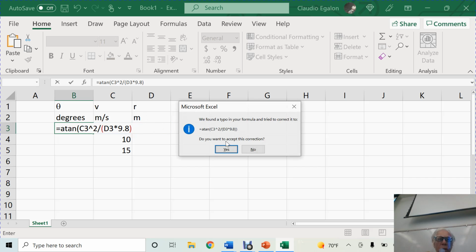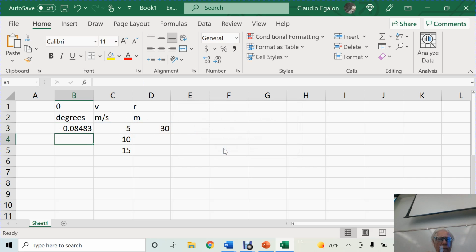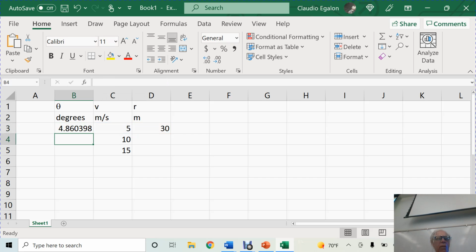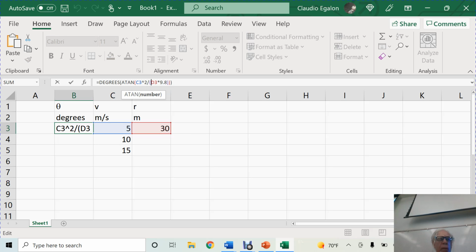Then I have to close the parentheses. I forgot to close the parentheses. Here you go. But I'm going to do something else too. We have to put the results in degrees, not in radians. We see degrees better, right? And it's not going to be D3, it's going to be D$3.